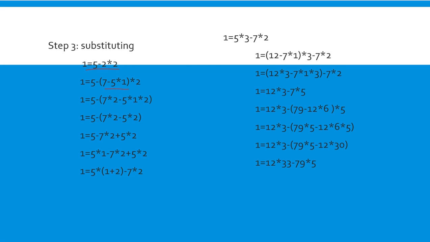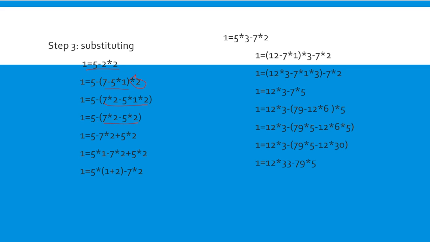The next step is you're simplifying it, multiplying the equation within the brackets with 2, and you will be getting this value, that is 7 into 2 minus 5 into 1 into 2. Later you are simplifying it and you are getting 1 is equal to 5 minus 7 into 2 minus 5 into 2.